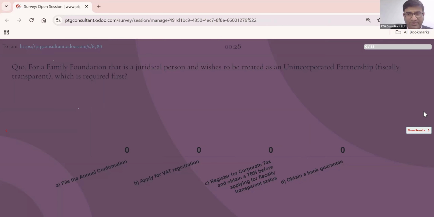This is again one of the basic questions, where we are looking at what the first step is when going for transparency. Maybe 50% or 60% of you are refreshing on the family foundation, even as this year is coming to an end.